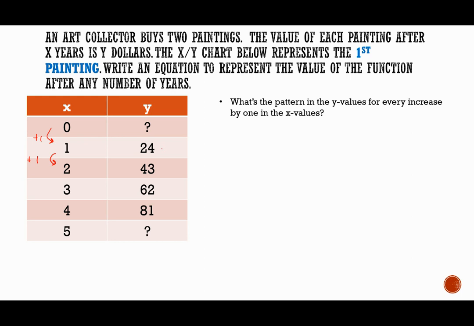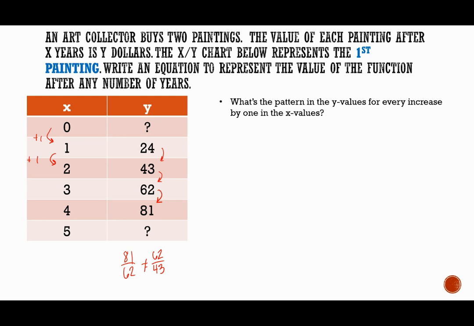I can take a look at my pattern in the y values from 24 to 43, 43 to 62, 62 to 81. Okay, well, I'm going to check and see if they divide to the same number. 81 divided by 62 does not equal the same thing as 62 divided by 43.